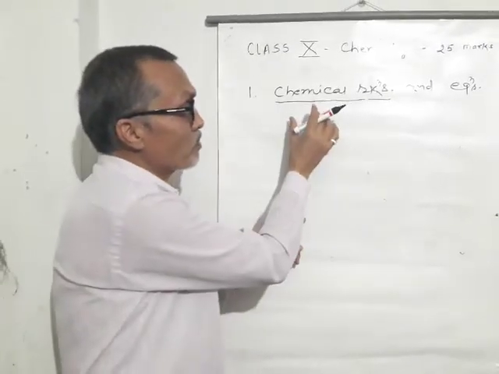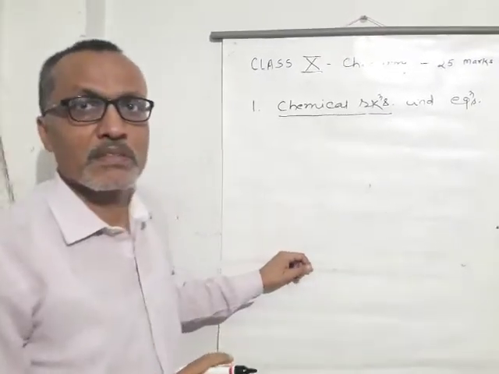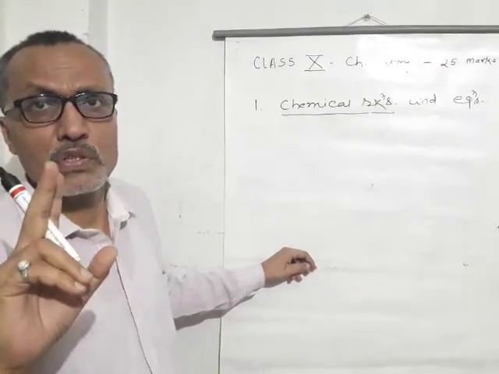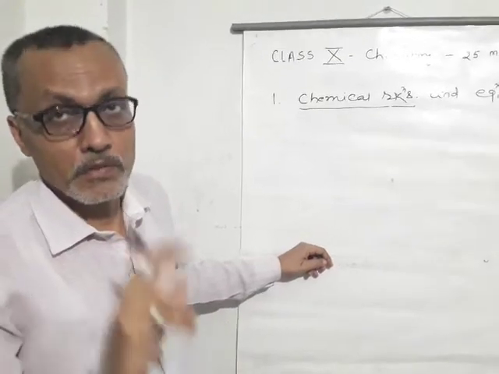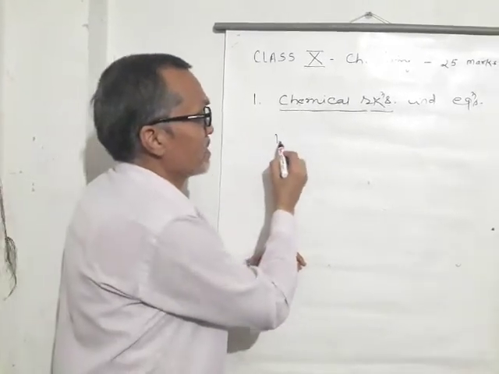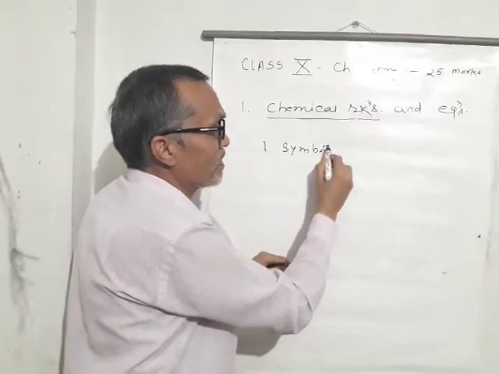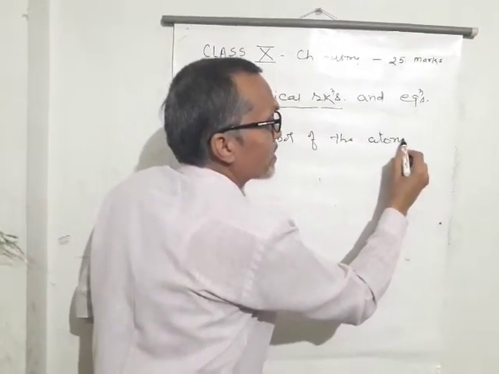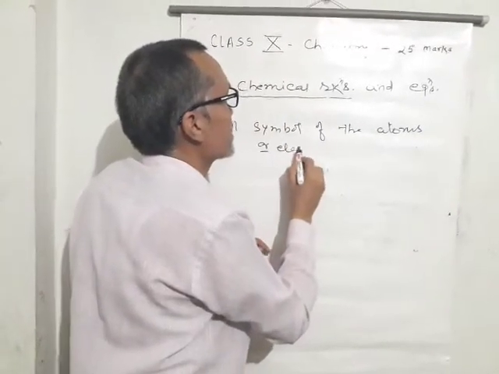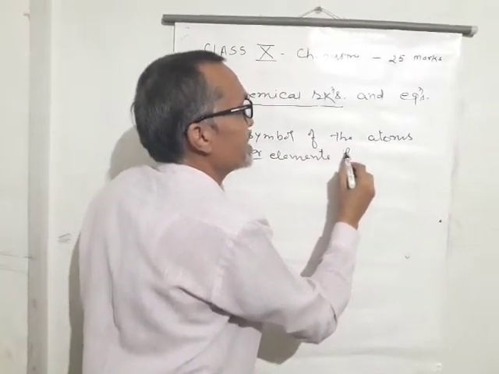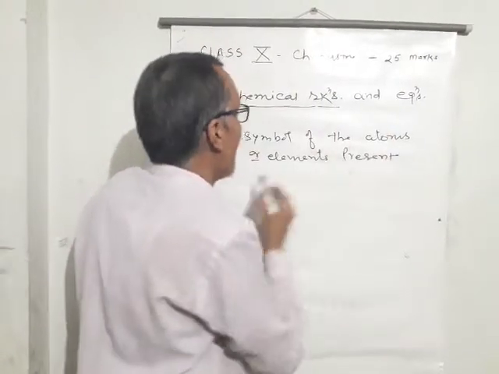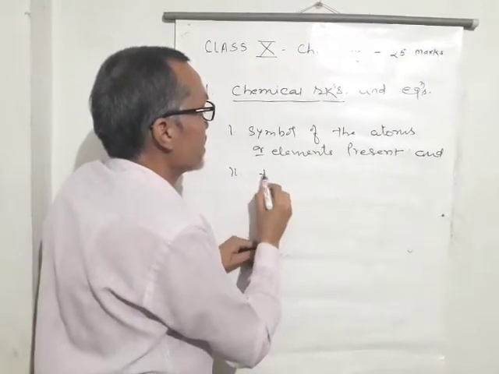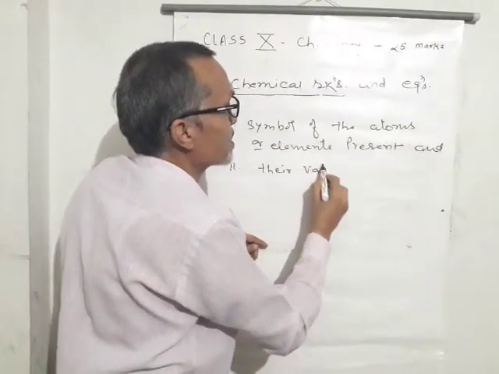So formulae of chemical compounds are written with the help of two things. First, the symbol of the atoms or elements present, and the second one is their valencies.